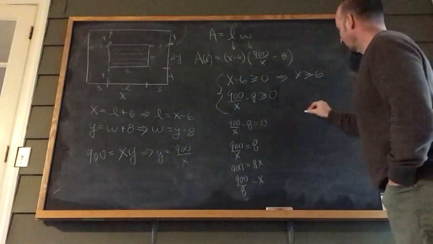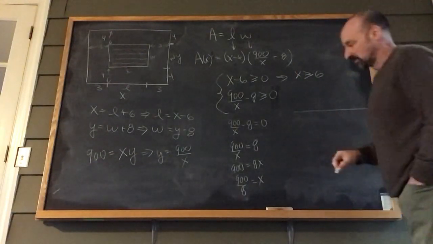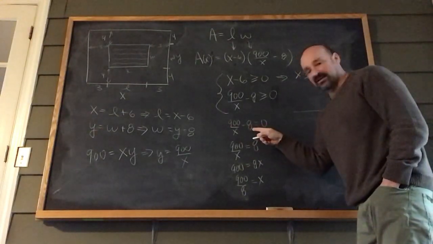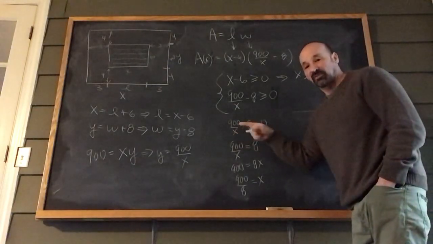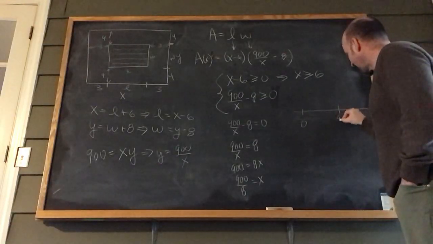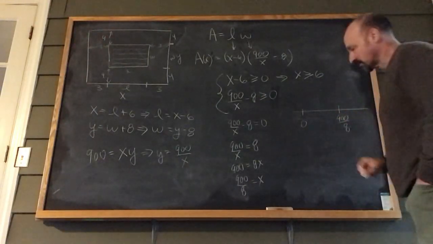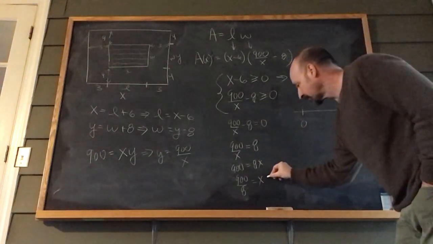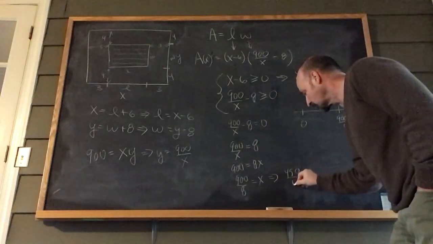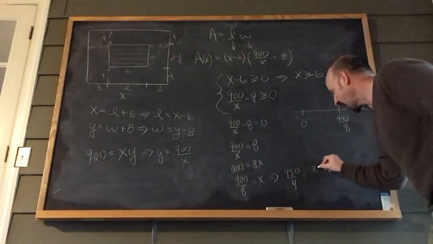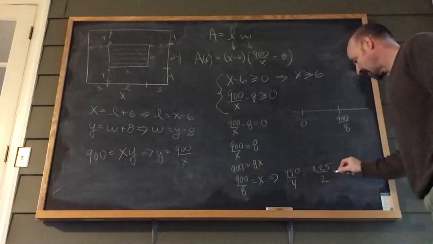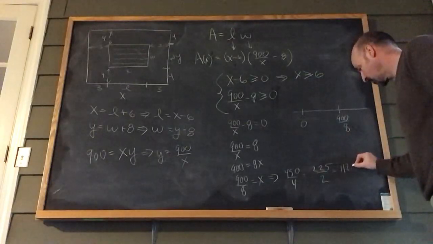All right, so let me plot that on a number line. As well, 900 over x minus 8 is undefined when x equals 0, so I have to plot that as well. So here's 0, and then here's this 900 over 8, which maybe I better simplify, right? 450 over 4, there's a factor of 2. How about 225 over 2, another factor of 2. And what is that? 112.5.